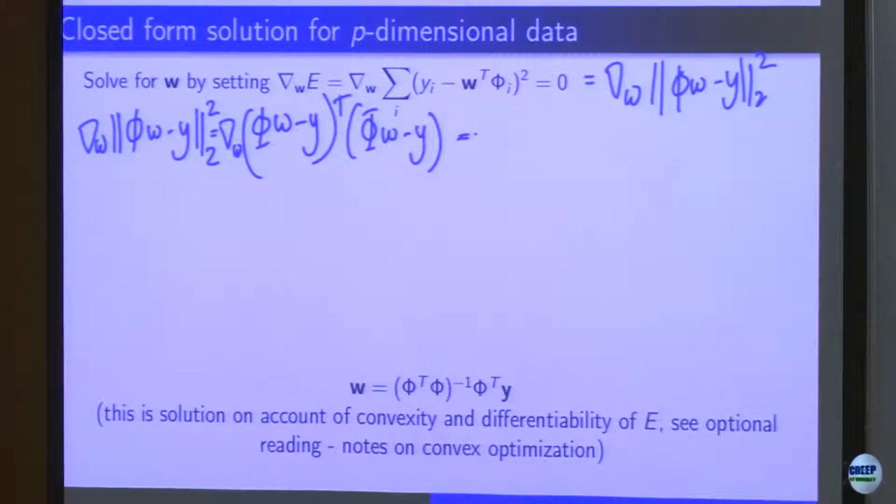Now you can expand this vector dot product. The transpose distributes across all the components of the algebraic expression. So I'll have the gradient of the transpose of this component, the transpose of this component, times these two components.